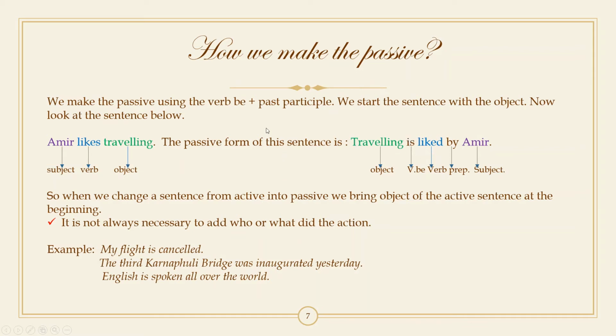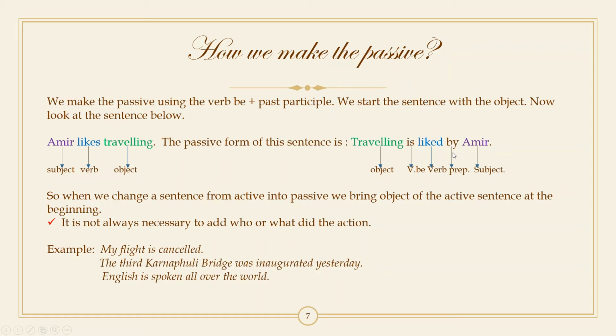And liked is the past participle form of the verb like, and the preposition by is there before Amir. So Amir is mentioned since we know who likes traveling. And before Amir, we used a preposition. So the object will be the subject of your passive voice, and there will be the verb be, and the main verb will be the past participle.